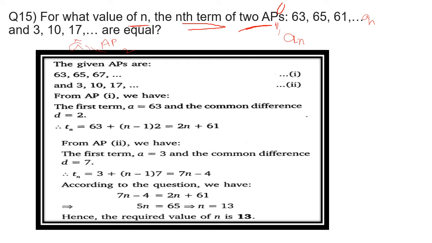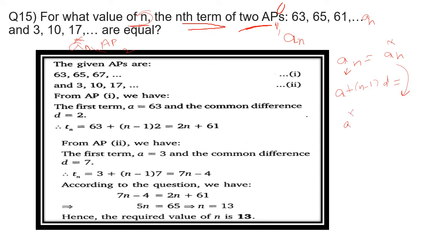What has been asked here is that we have to find the value of n such that the nth terms of both these APs are equal. So it has already been told that an is equal to a star n. We know the general formula for an, that is a plus (n minus 1) d, and same for this also.